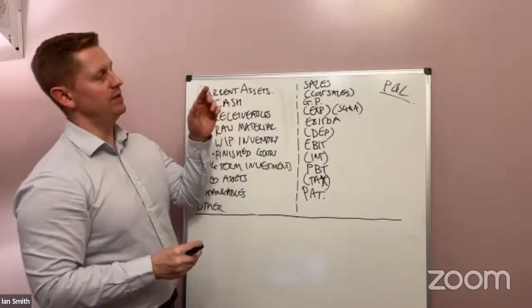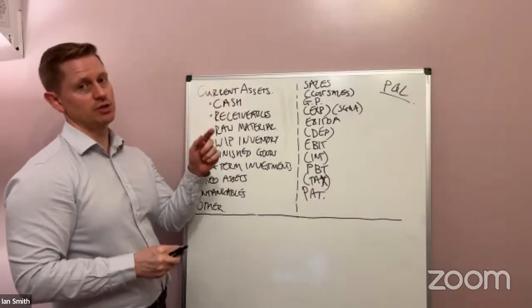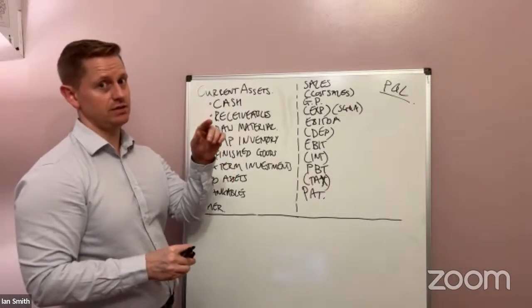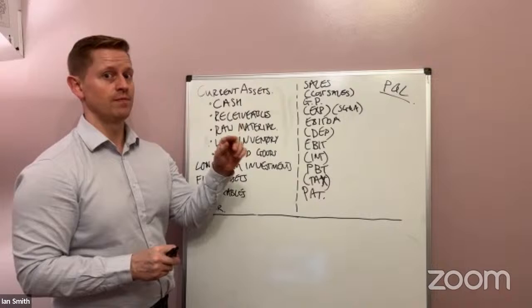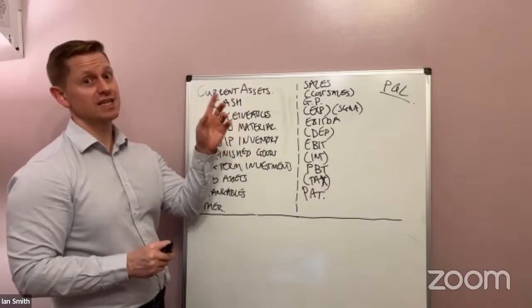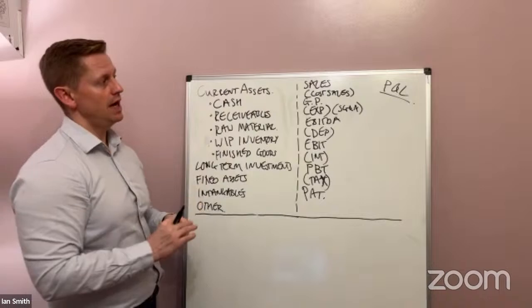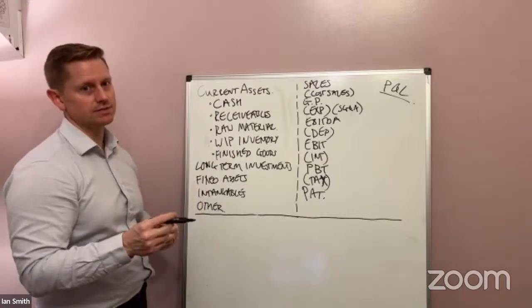Now, when I talk about net credit sales, which I'll come on to in a second, if you can identify cash sales within the profit and loss, then you need to deduct cash sales from your net credit sales as well. And I'll describe what that means in a second.